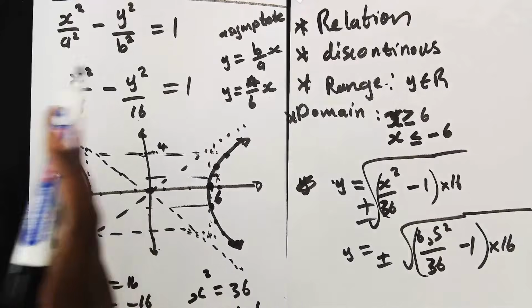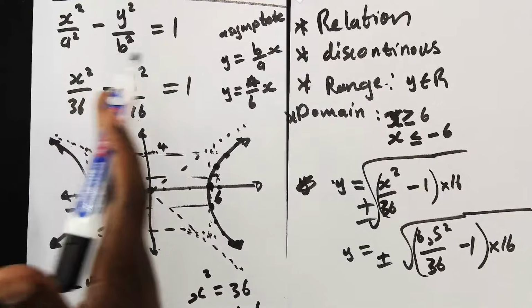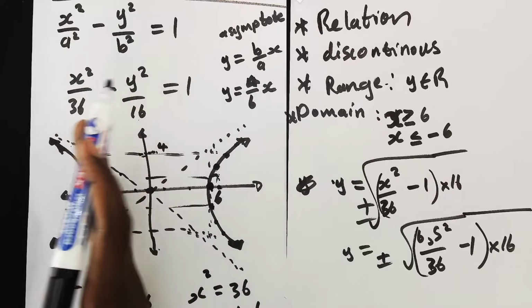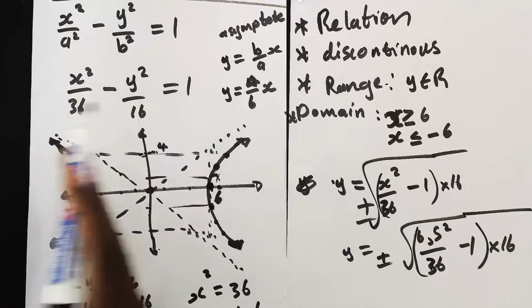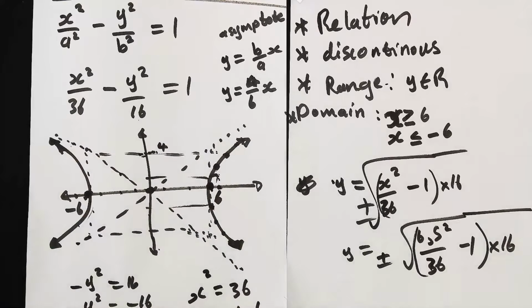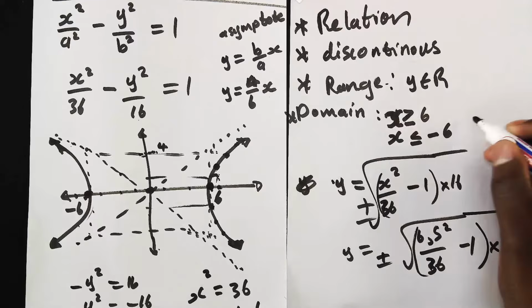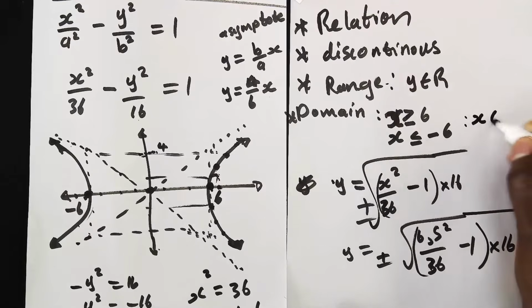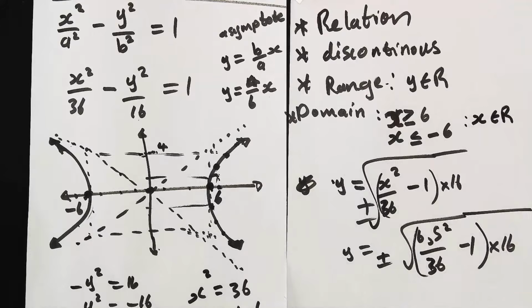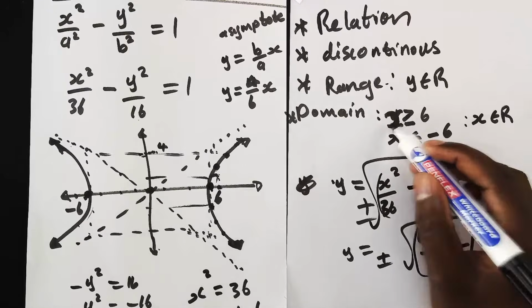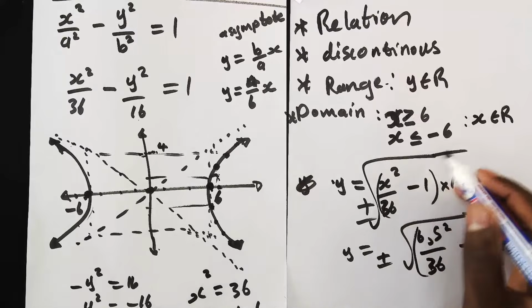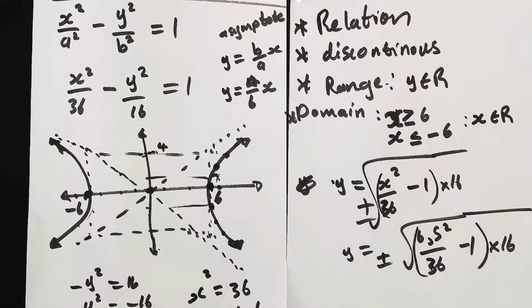So I hope you see that for values greater than minus 6, we have an undefined region there. And again, we can specify that those values are elements of the set of all real numbers. So x must be greater than, and it must be less than, and it's an and. So don't put the word 'or' in between. It's x must be greater than 6, and x must be less than or equal to minus 6.